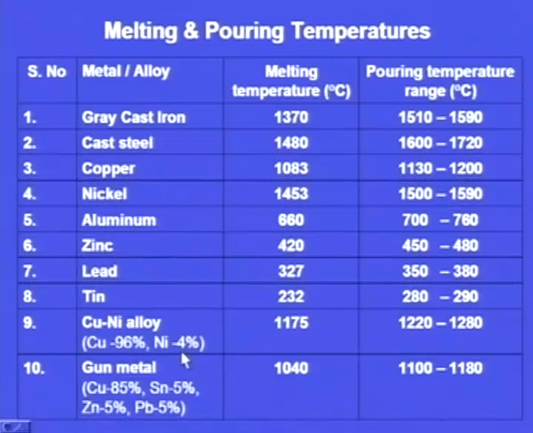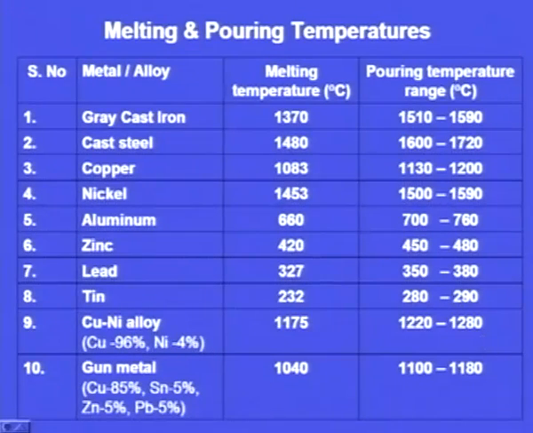And copper nickel alloy, in which copper is 96% and nickel is 4%, the melting temperature is 1175 degrees centigrade, and the pouring temperature varies between 1220 and 1280 degrees centigrade.